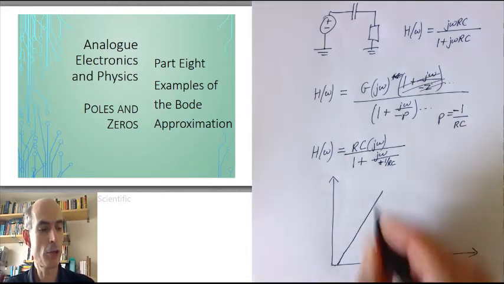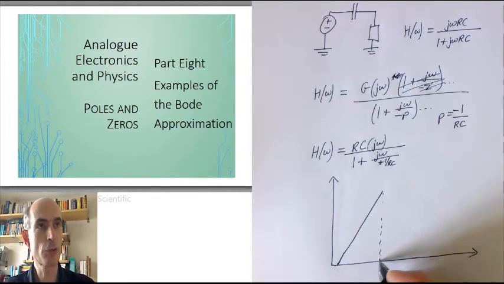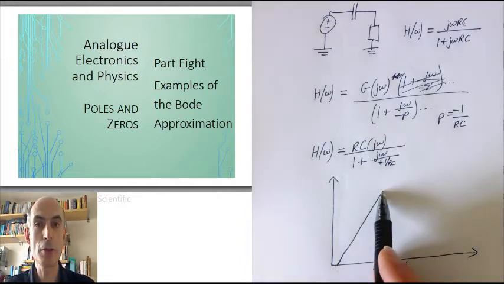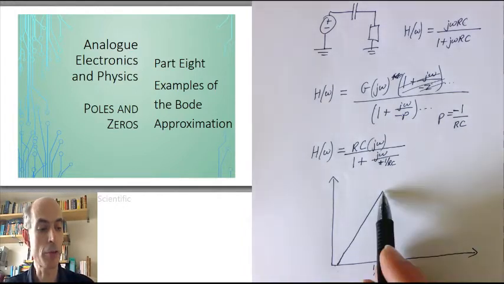And that will continue until we get to the break frequency of the pole, which is at 1 over RC radians per second. At that frequency, Bode assumes that the entire effect of the pole starts, and the effect of the pole is to reduce the gain by 20 dBs per decade.